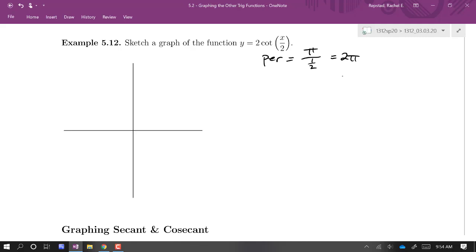Now this is the cotan function. We're going to graph it from 0 to the end of its period, so from 0 to 2 pi. Here's pi in the middle. From 0 to 2 pi, that means the y-axis and 2 pi are our asymptotes. Halfway in between those two is where cotan is 0.